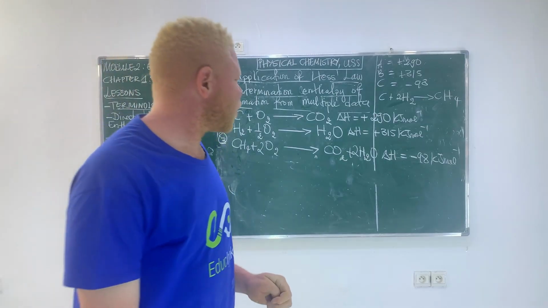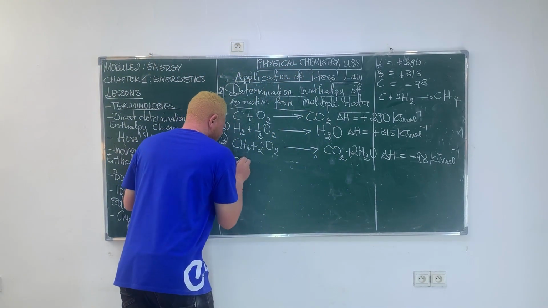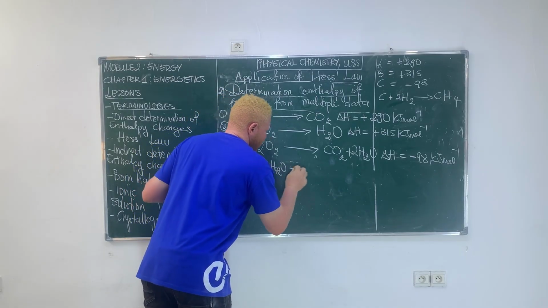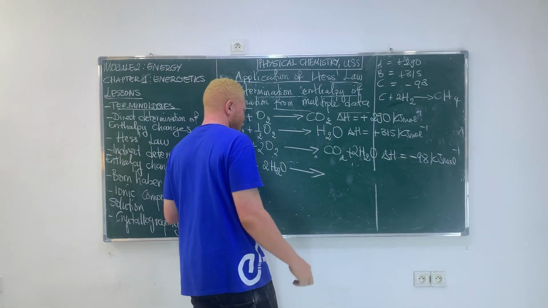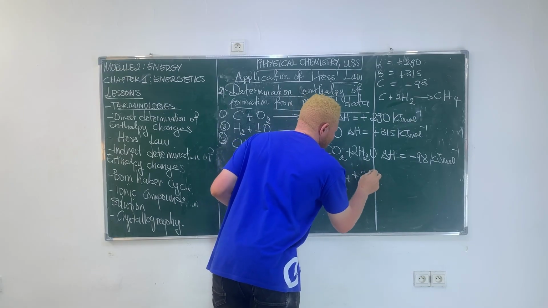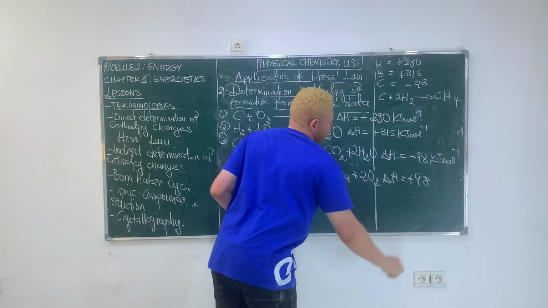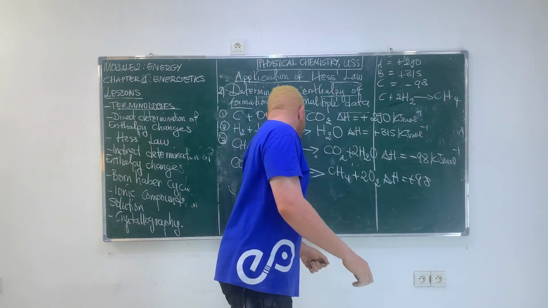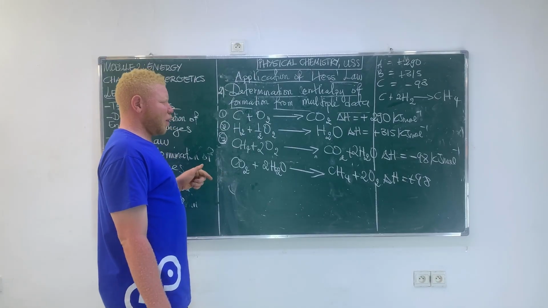Reversing the equation, I have CO2 plus 2 H2O yielding CH4 plus 2 O2, and delta H changes sign to positive 98. I've already reversed the last equation.